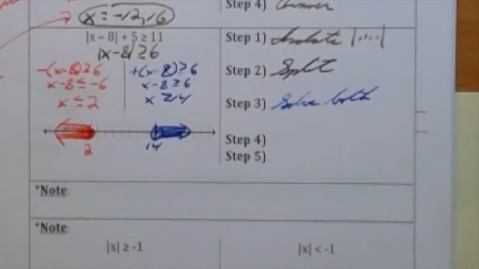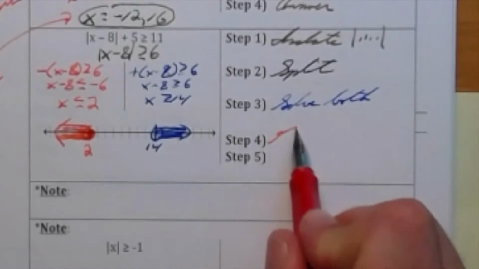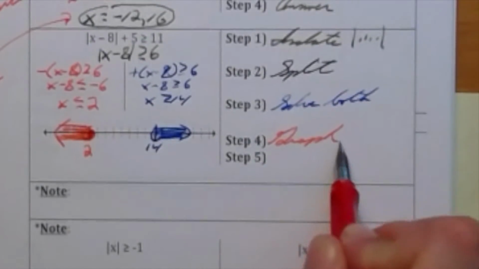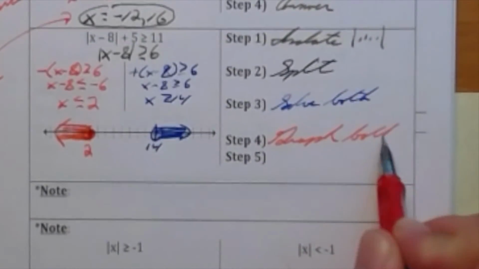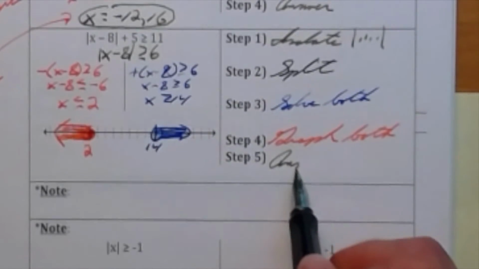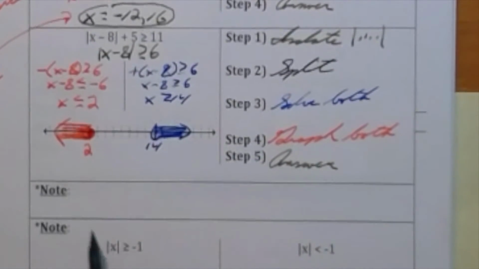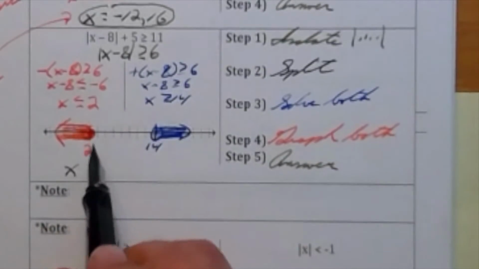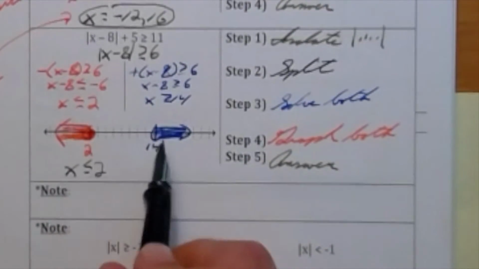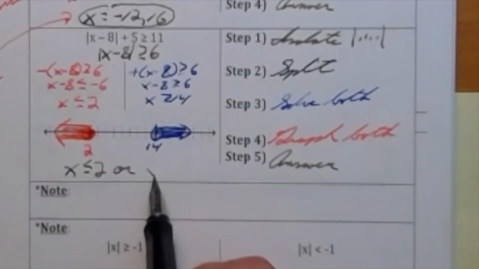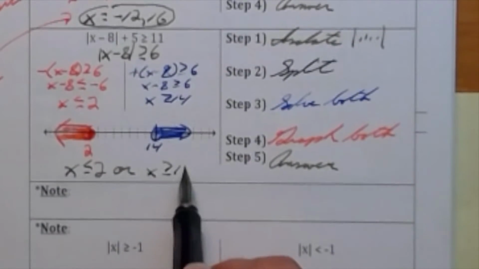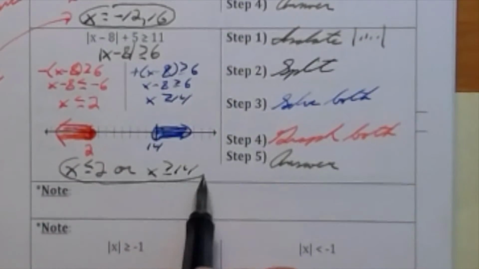Now all that's left is to express this as an answer, and I need to remember about my inequalities, my ands and ors. I'm going to get x is less than or equal to 2, or x is greater than or equal to 14. As with everything we've done, it's important to go back and substitute those answers into the original equations and make sure that they're true.